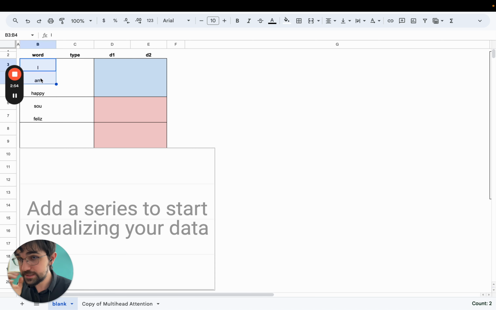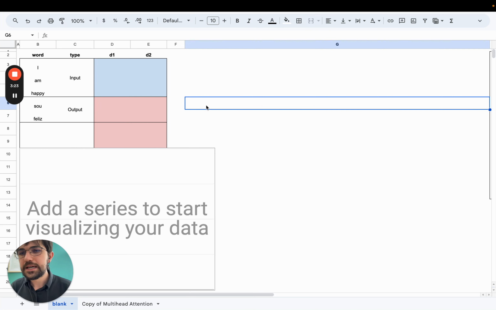Here, on purpose, I am using "eu sou" as translation for "I am", and happy here means "feliz". Let me also place here that this is going to be our input and this is our output, which is the same terminology that we have here, inputs and outputs.